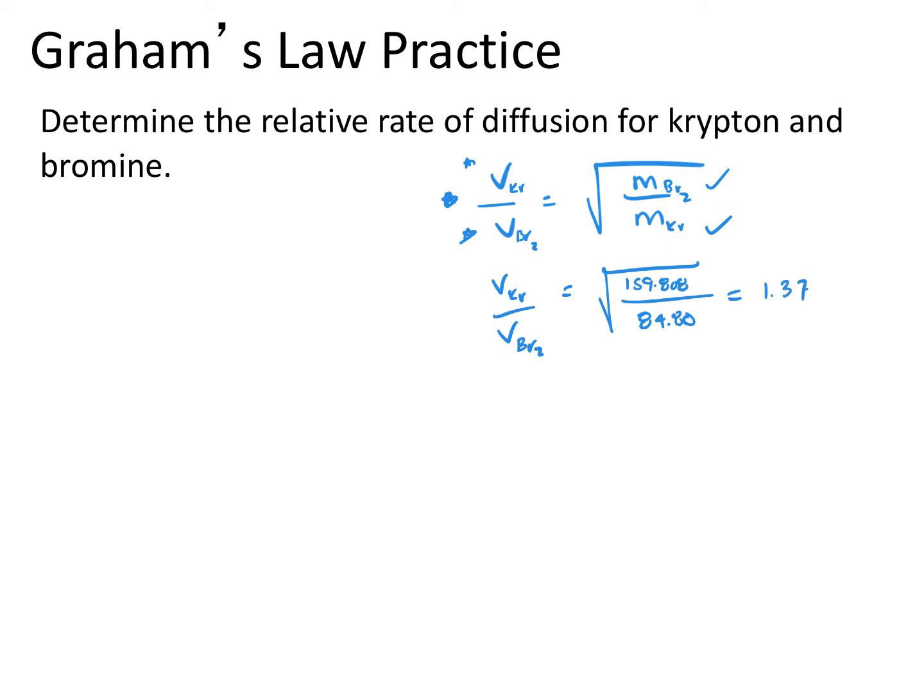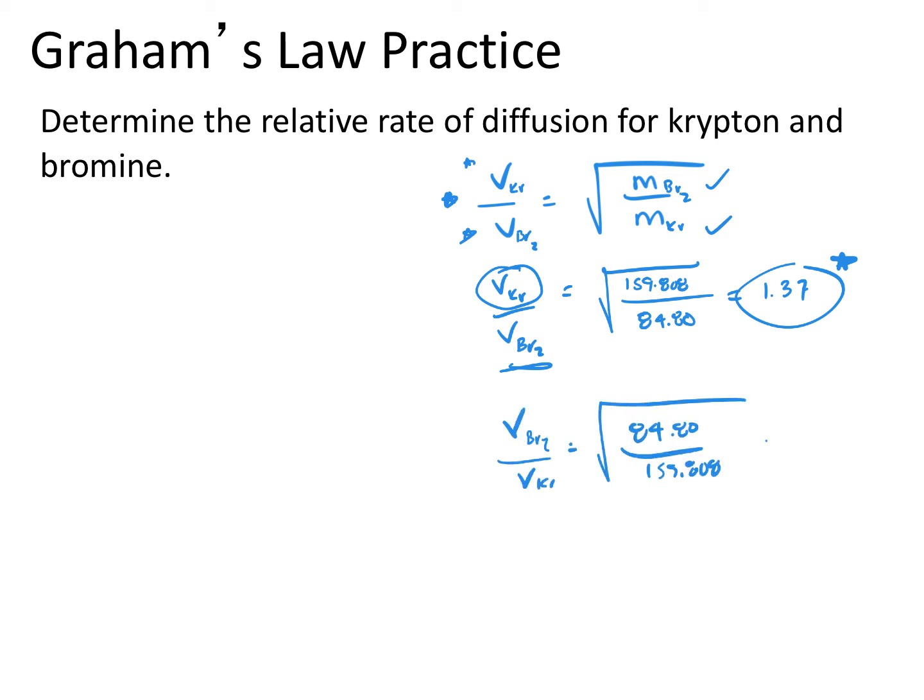What this number tells us is that the rate of movement of krypton is 1.37 times faster than the rate of movement of bromine. Now, this could have totally been done the other way, and we're going to look at that real quick. As we can see from our calculation here, we get a different answer, and that's because we are relating them differently.